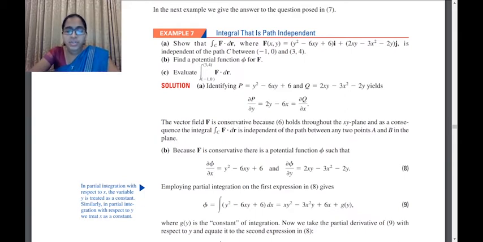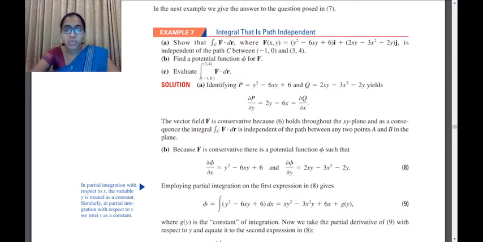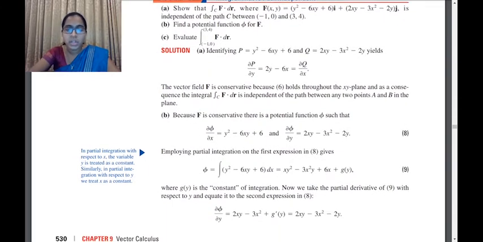Next, what do we have to do? We will differentiate this expression φ = xy² − 3x²y + 6x + g(y) partially with respect to y, so we will obtain ∂φ/∂y.